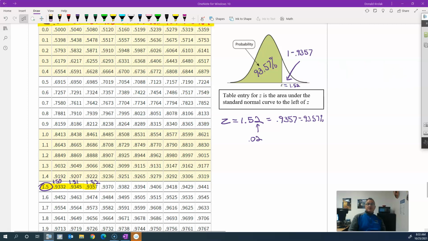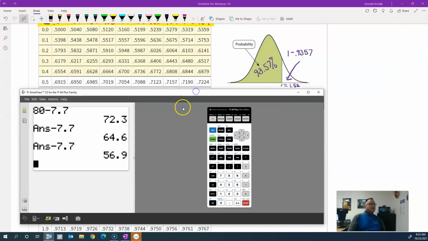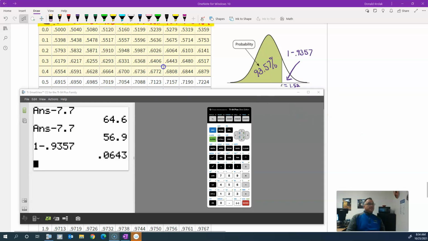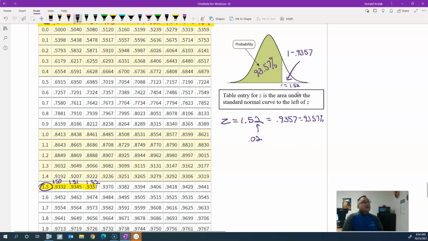Because altogether, remember, the area under the curve is 1, so that would be 1 take away 0.9357, which is 0.0643, and that would be 6.43%.